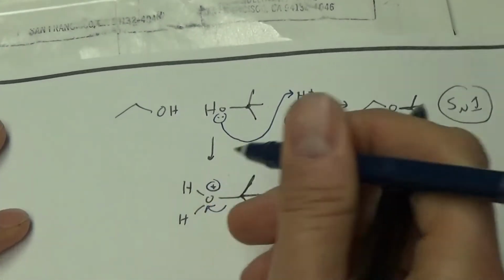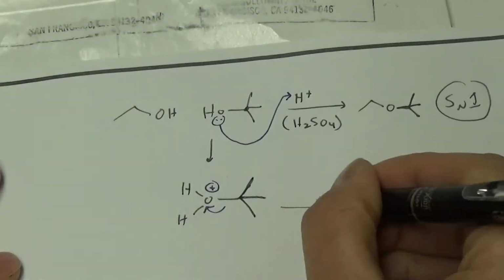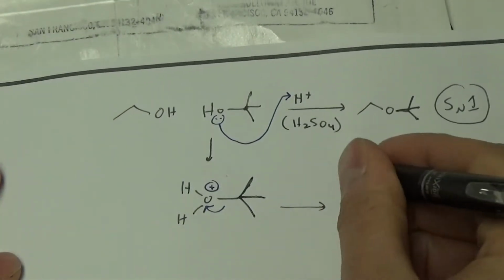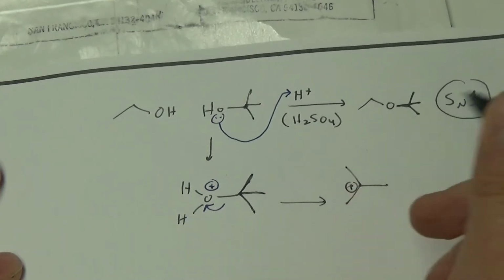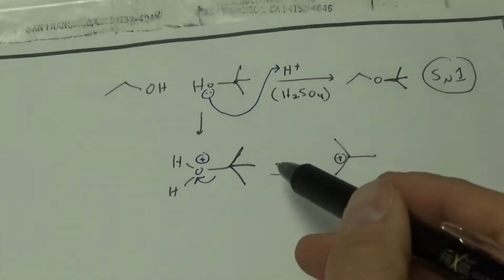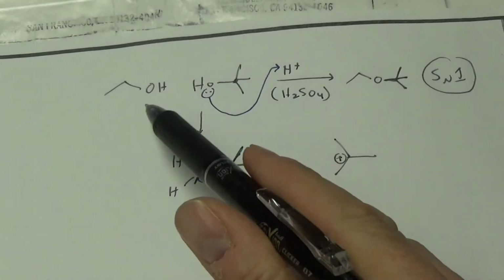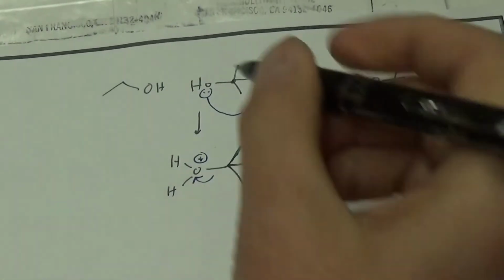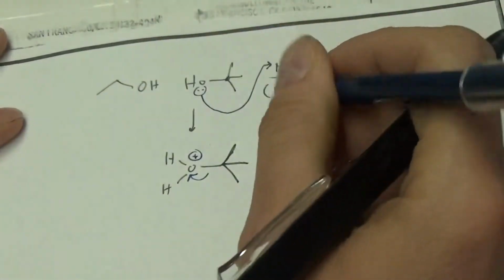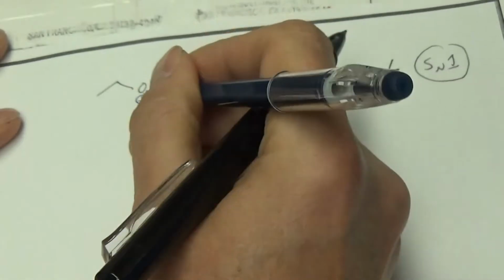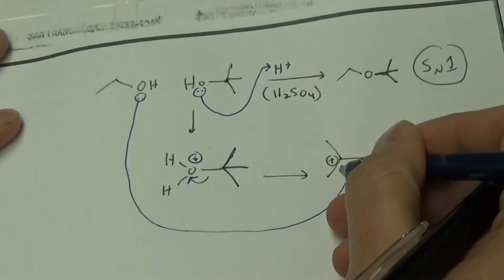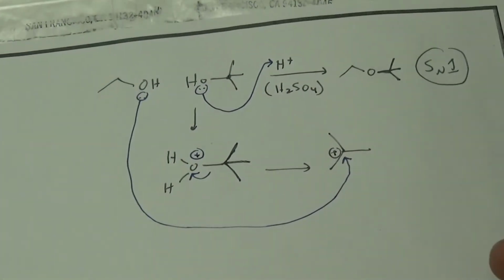The leaving group goes away. And now we have a tertiary carbocation. Okay. And how do we connect that ethoxy group onto the tert-butyl? Now I'm just going to draw a big long arrow. Okay, so ethanol can attack that.